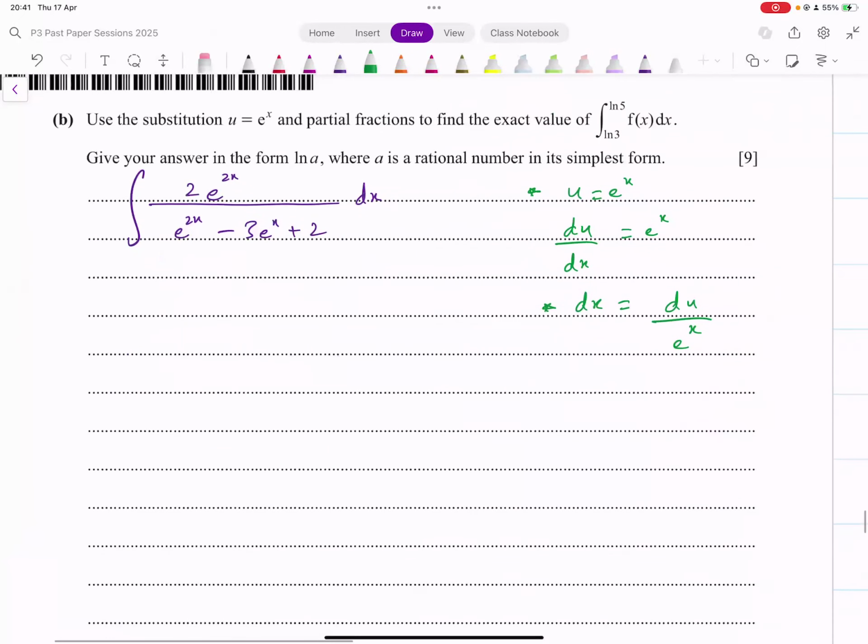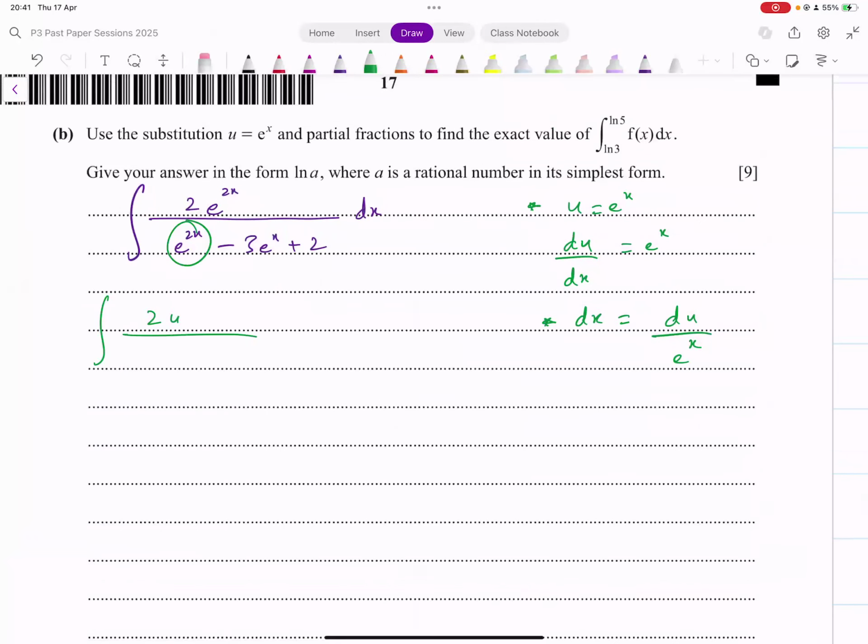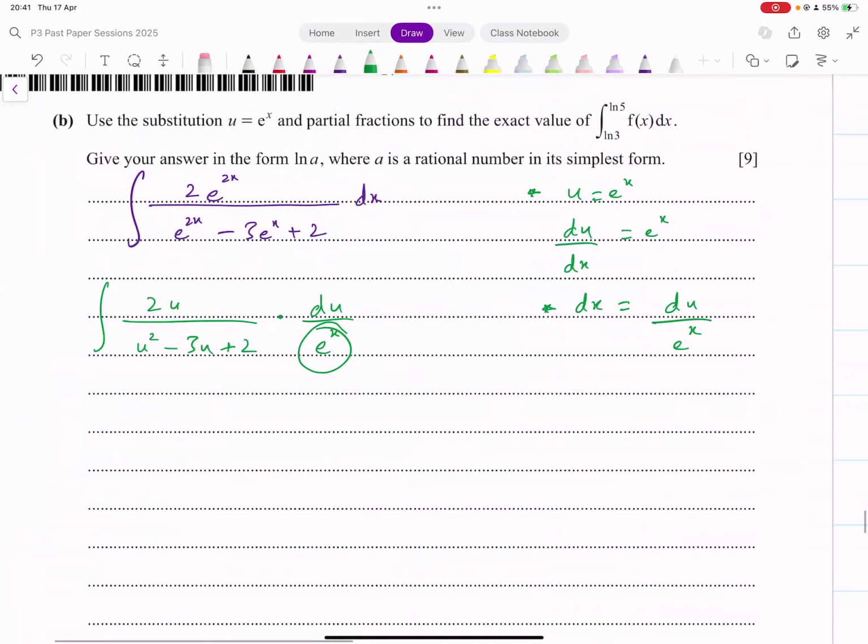So you would get 2u divided by e raised to power 2x. What's that? That's u squared minus 3u plus 2. Dx, you replace with du over e raised to power x. Now we still have an x here. How do we eliminate that? We can again put that equal to u.